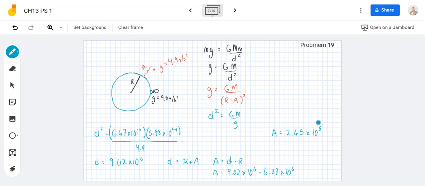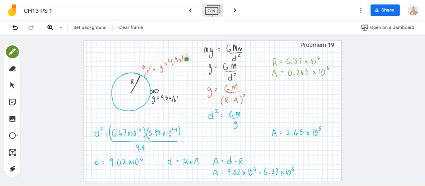to the 5th. And this number, okay, compared to the radius of the Earth, let's see what this means. So the radius of the Earth is 6.37 times 10 to the 6th. So this means this altitude here would be equal to 0.265 times 10 to the 6th. So it's a small fraction. If this distance is 6, then this extra distance is only 0.26. So it's only a little bit off the surface. Oh, that's totally lies.